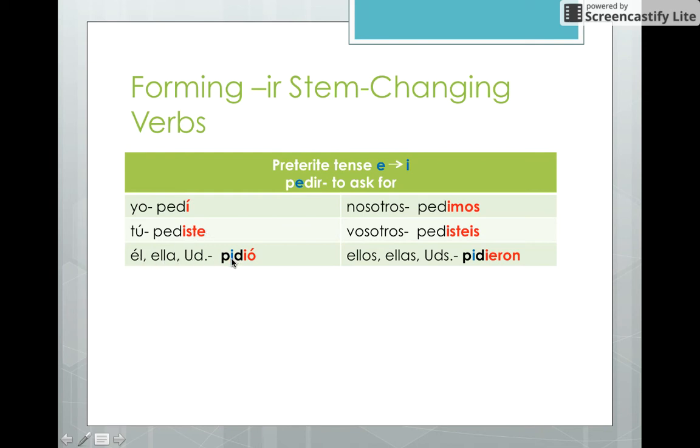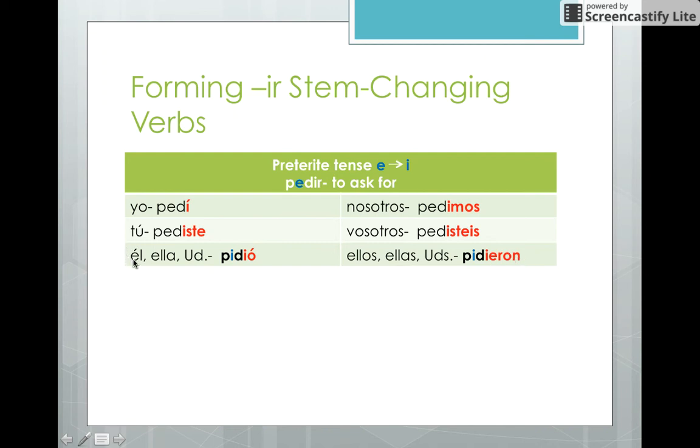So if you notice, the E converts to an I right here and still includes the same ending. Then you have nosotros pedimos, vosotros pedisteis, and then ellos, ellas, ustedes pidieron. So again, the E converts to an I with the ending here at the end of the verb.